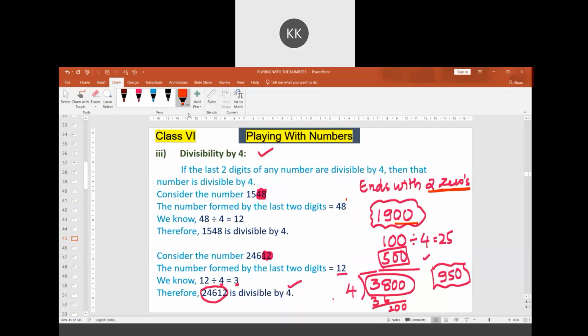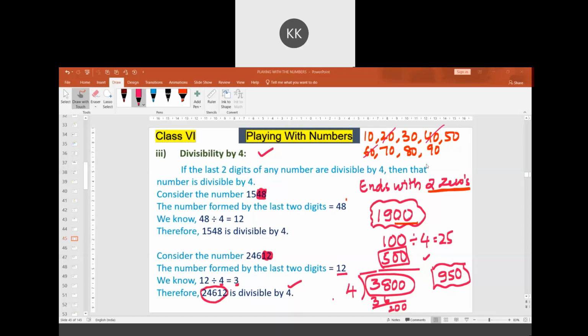If I consider the numbers ending with 0, like 10, 20, 30, 40, 50, 60, 70, 80, 90, 100, and take two digit numbers like this, you can identify that 20 is divisible by 4, 40 is divisible by 4, 60 is divisible by 4.